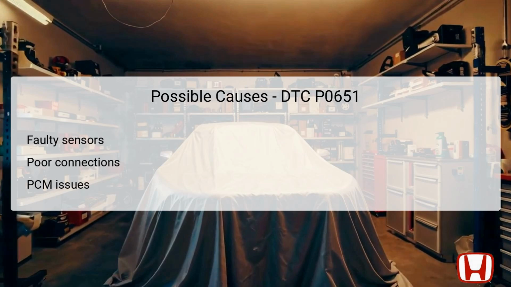Additionally, potential issues within the powertrain control module, PCM, itself may lead to the mismanagement of voltage reference lines. Each of these areas should be meticulously checked to determine the root cause before further diagnostic steps are taken.